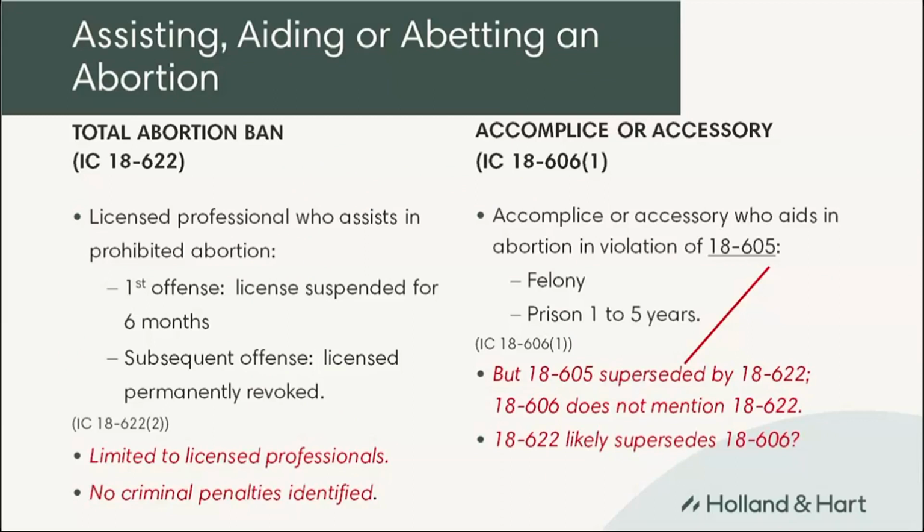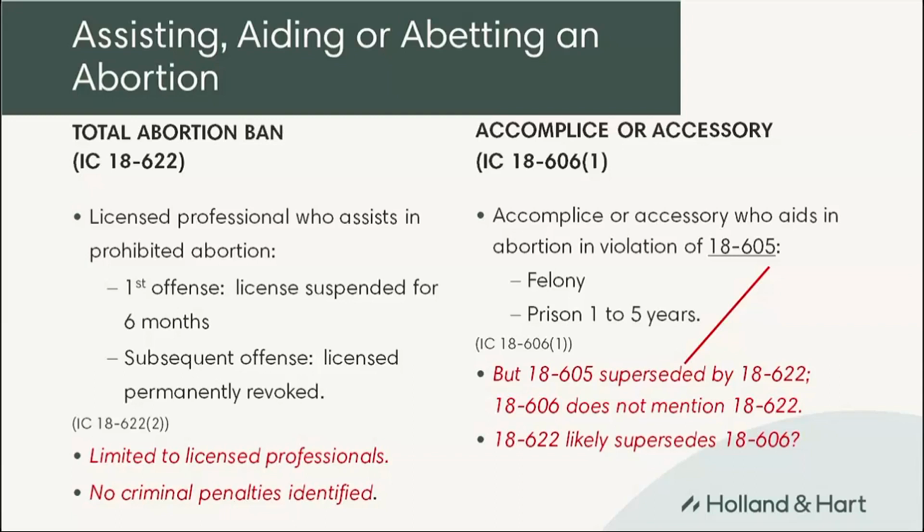Now, because that statute specifically says what the penalties are for assisting, and it's limited to licensed professionals, it appears that, at least under that statute, there would not be additional penalties for aiding or abetting or assisting an abortion other than the adverse licensure provisions. There are no criminal penalties identified under the total abortion ban.